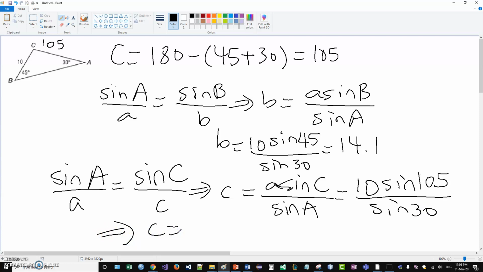So c equals 19.3. And that's it. We were able to find all three sides and all three angles. Please pause the video to look at what we did and try to understand it.